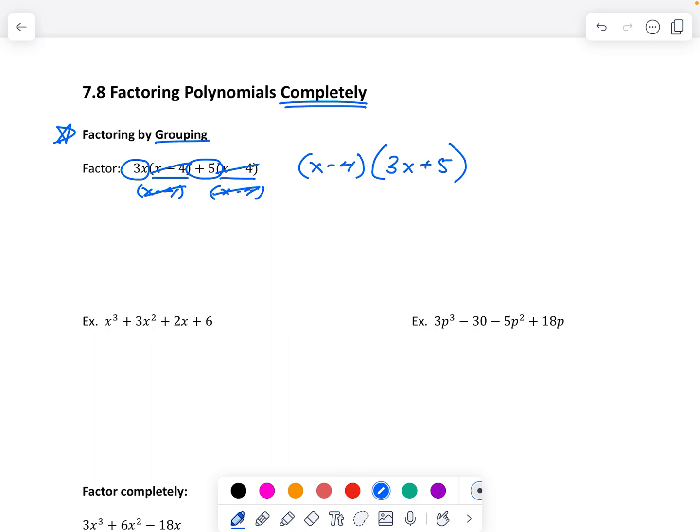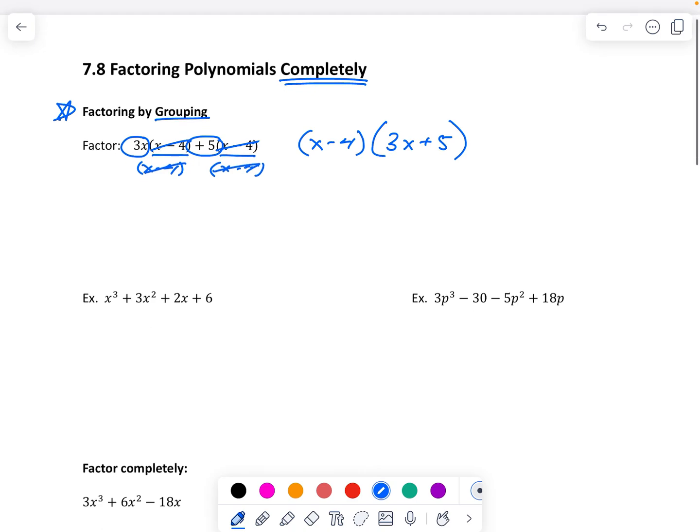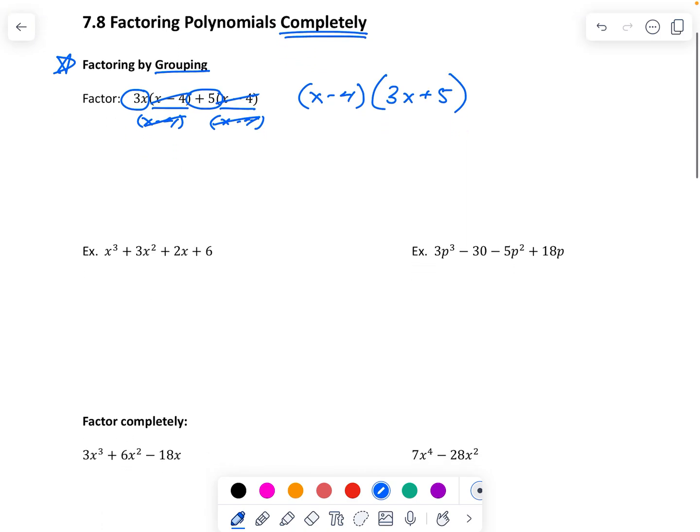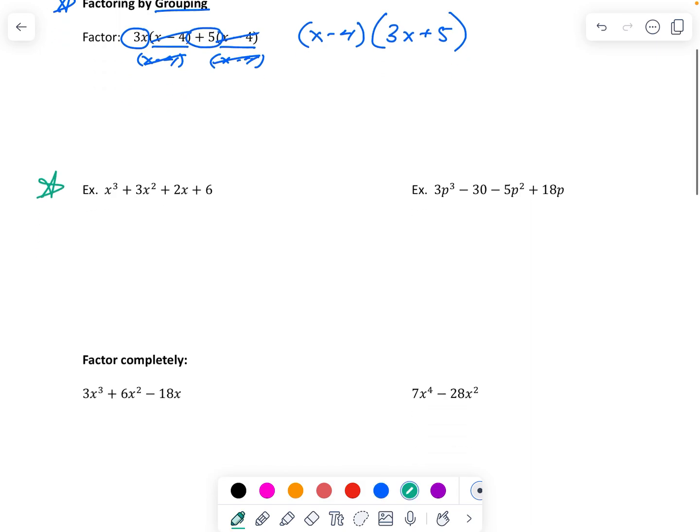Now we're going to use factoring by grouping when we have something that looks like this. Notice, this doesn't look like anything we've seen before because it has 4 terms. And 4 terms is something different. So when you have 4 terms, we're going to look at it as 2 parts. Part 1 and part 2.